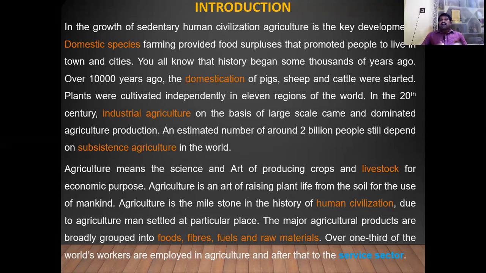You all know that history began some thousands of years ago. Over 10,000 years ago, the domestication of animals such as pigs, sheep, and cattle started. Plants were cultivated independently in 11 regions of the world. In the 20th century, industrial agriculture on a large scale came and came to dominate agricultural production.